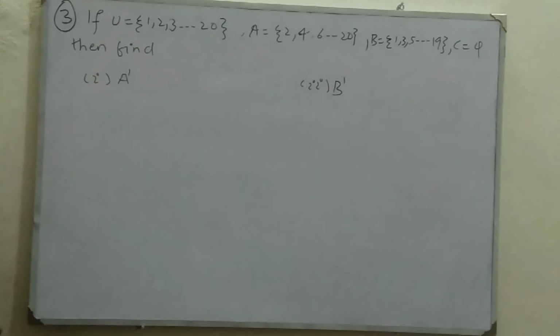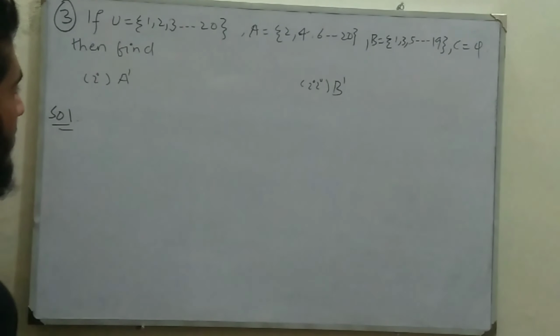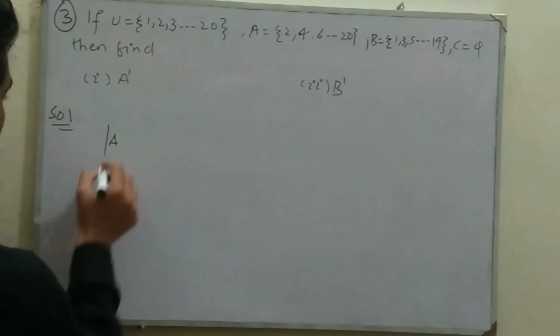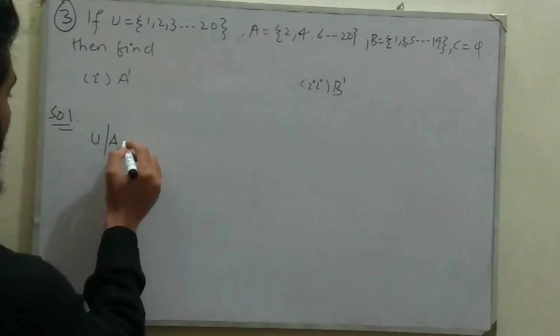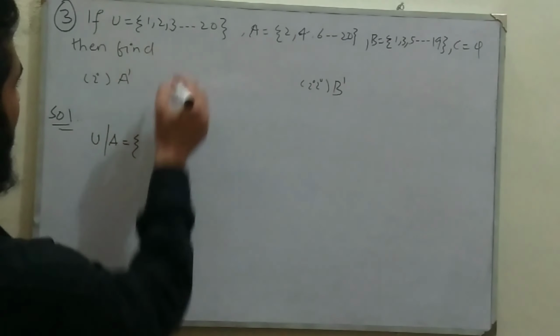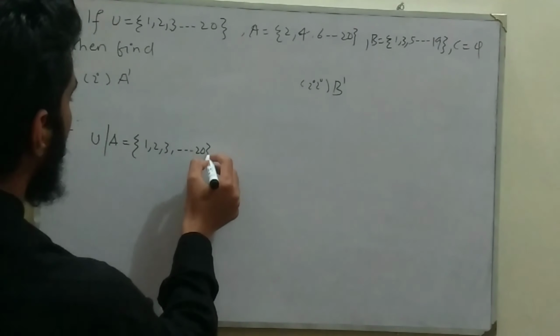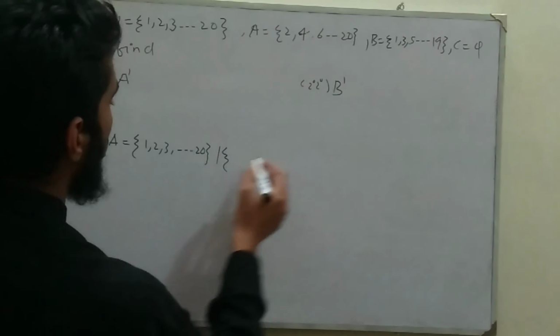Find A complement. According to the definition of complement, it is the subtraction of the set, which is A in this case, from the universal set U. So A complement is U, which is 1, 2, 3 to 20, minus A, which is 2, 4, 6 to 20.